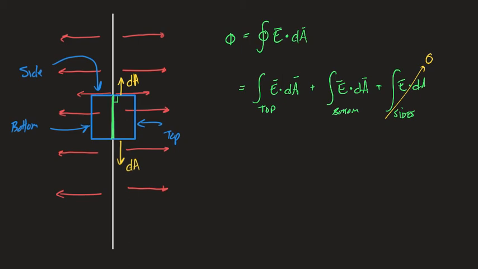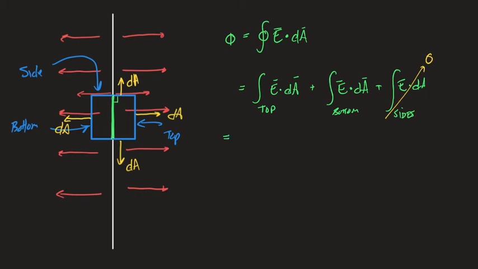The bottom and top both are going to contribute, and it's important to recognize they both contribute in a positive way. They add flux because the electric field is aligned with the area on both the top and the bottom. Everybody okay with that so far?